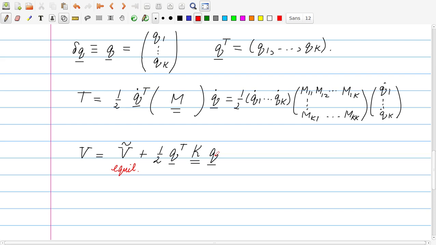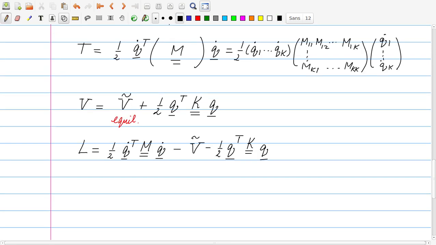And so this then gives me the Lagrangian in the following form. Again, the V tilde is an irrelevant constant, and so the two important terms can be written as products between row vector, matrix, and column vector. And so this is the starting point for working out the equations of motion.